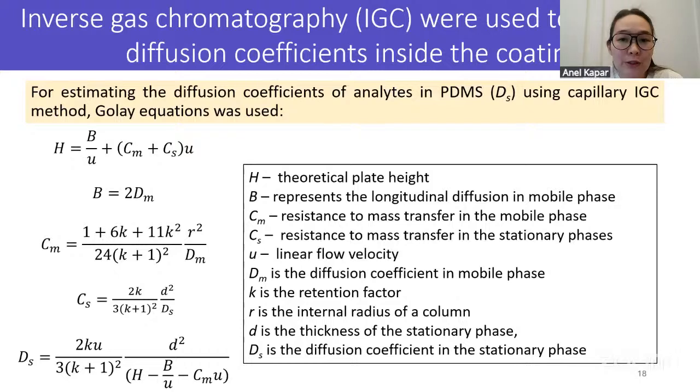Estimation of the diffusion coefficient in the fiber was more complicated because no method can exist without relying on experimental data. Inverse gas chromatography (IGC) was chosen for prediction of the diffusion coefficient in the fiber because it is a simple and straightforward method. It can be done in any lab with a GC, and for estimation of the diffusion coefficient in the fiber with IGC, Golay equations were used in the model.